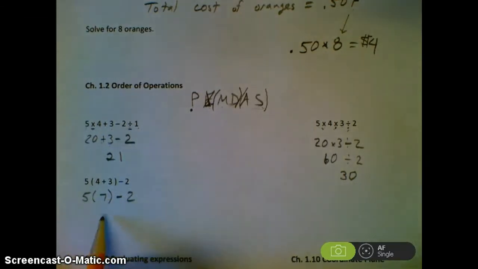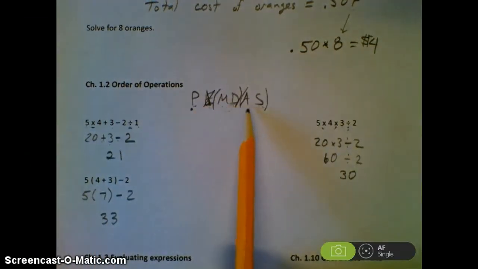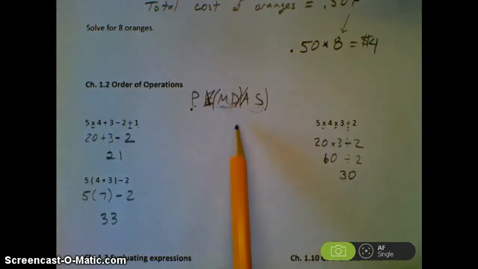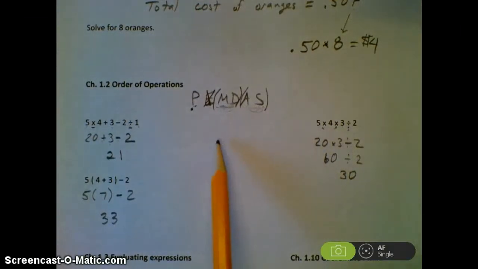Minus 2 is 33. So that's order of operations. Remember, we do parentheses first, then multiplication and division, and then addition and subtraction. If all the signs are multiplication and division, then we work left to right. If all the signs were addition and subtraction, we could also work left to right.